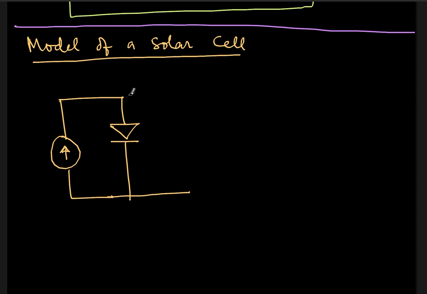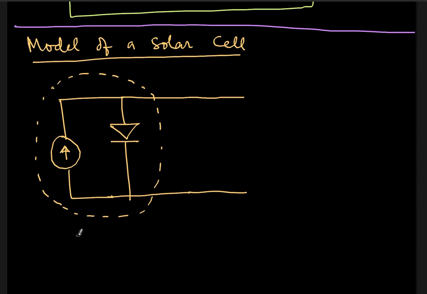The current source with the anti-parallel diode is my simple lossless solar cell. This whole thing is the model for the solar cell. And then as a load, I just connect a resistor.